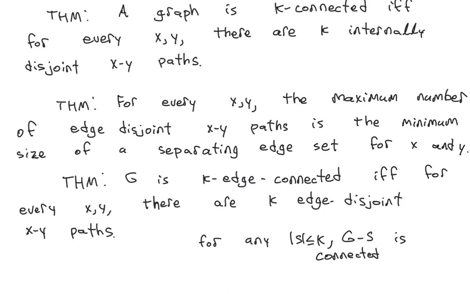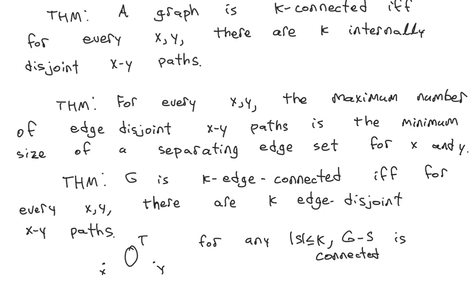In particular, given any two vertices x and y, and a separator between them, T, we know that T has to be at least k in size, which means that based on Menger's theorem, there have to be at least k vertex disjoint paths between x and y. And so that gives you the forward direction, and then Menger's theorem is used to prove the reverse direction.